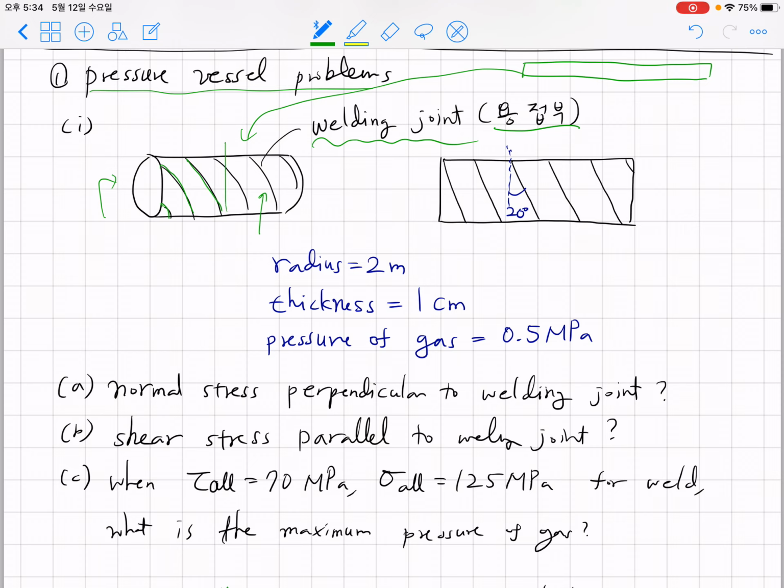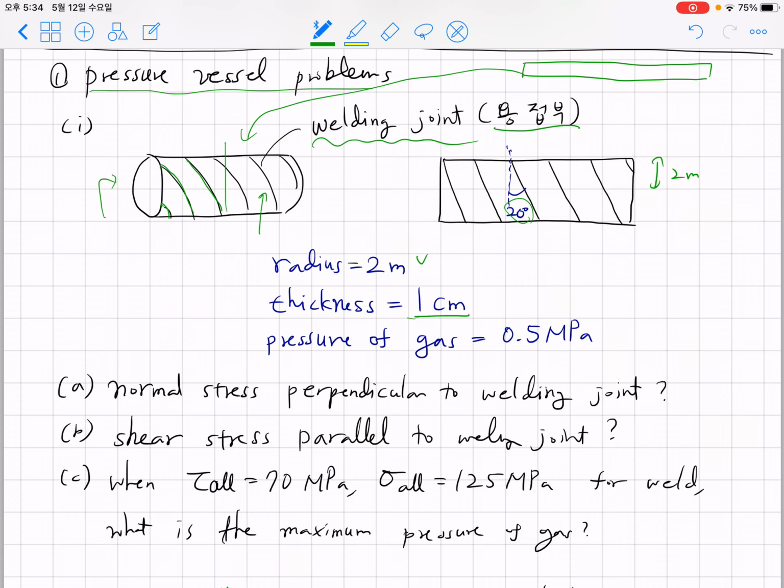Okay, so here the problem gives us some information. The angle that this welding joint makes with the vertical line is 20 degree, which is gonna give us some idea on how much we rotate the Mohr circle after constructing the Mohr circle. Then the problem also gives us some geometry. Radius of 2 meter, so this is 2 meter, and thickness is 1 centimeter.